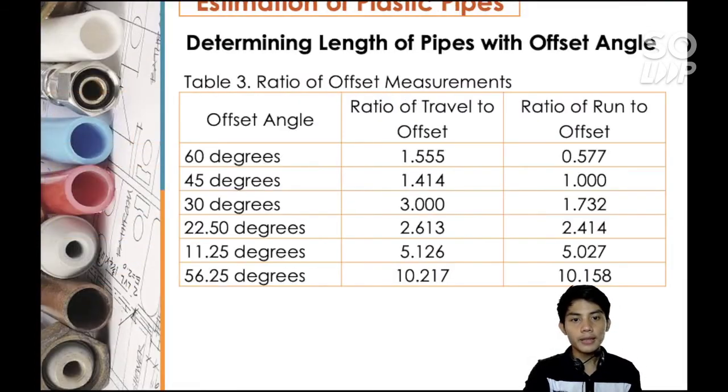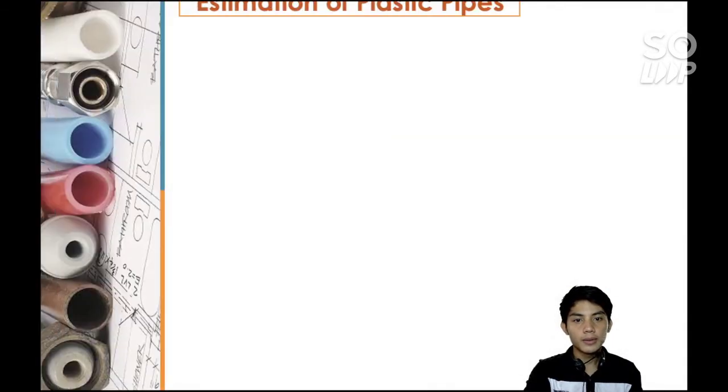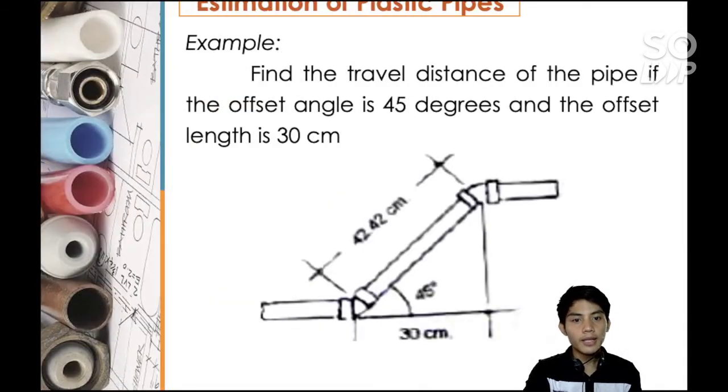Determining length of pipes with offset angles. Here we have the ratio of offset measurements. These are the different offset angles, then the corresponding ratio of travel to offset, then the ratio of run to offset. We have right here an example. Find the travel distance of the pipe if the offset angle is 45 degrees and the offset length is 30 centimeters.